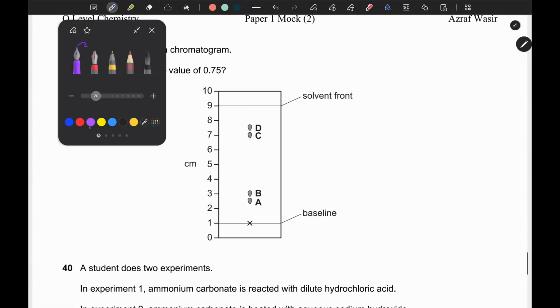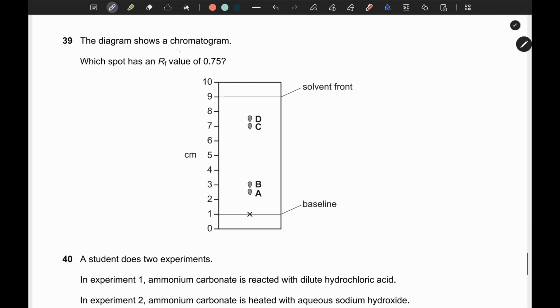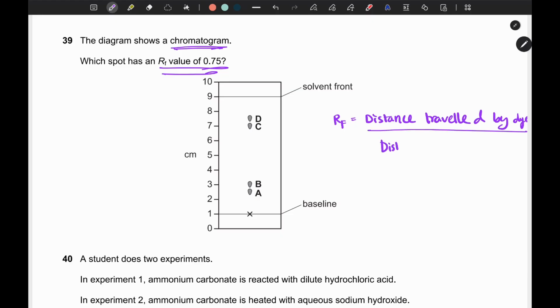Moving on to number 39, the diagram shows a chromatogram. Which spot has an RF value of 0.75? So RF value is the distance traveled by the dye divided by the distance of the solvent front. This is the main formula for the RF value.